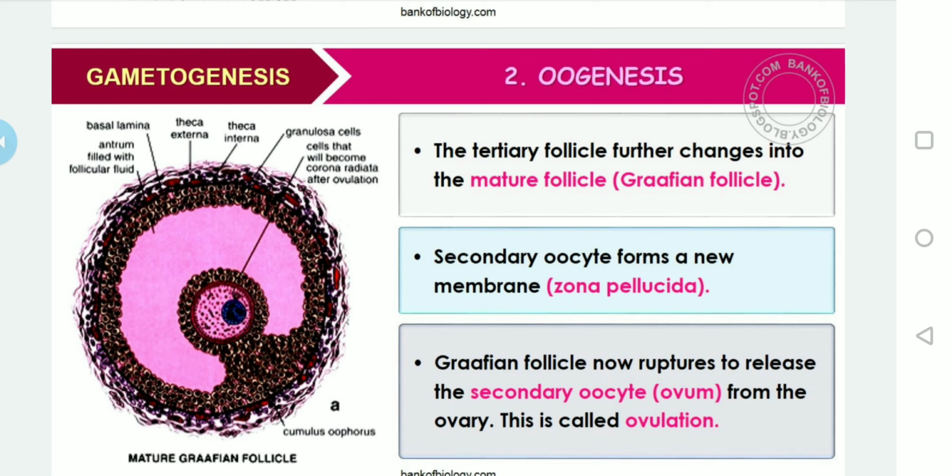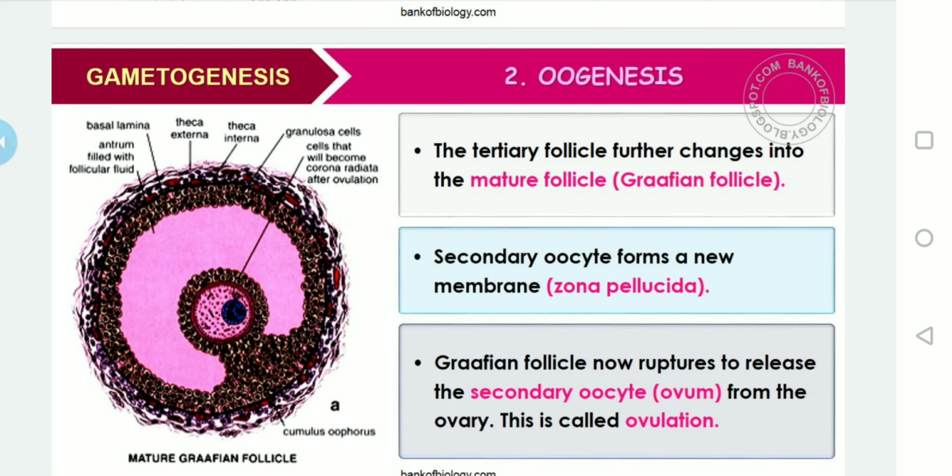And as I said, the tertiary follicle further changes into the mature follicle. That's what we call the Graafian follicle, and the secondary oocyte forms a new membrane called zona pellucida. I hope you can identify the diagram and structure in detail, on the left side, where they were given.